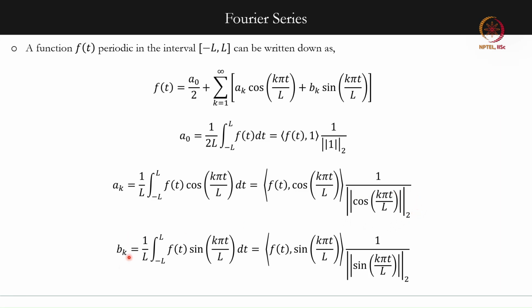Similarly, bk is nothing but the projection of f of t along the basis function sine k pi t by L. And we can also view this a naught value as the projection of f of t along the function 1. 1 can be viewed as a cosine wave with 0 frequency and amplitude of 1.